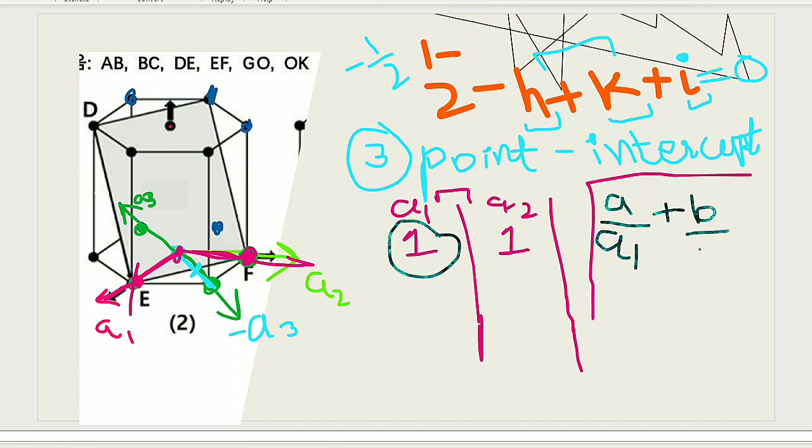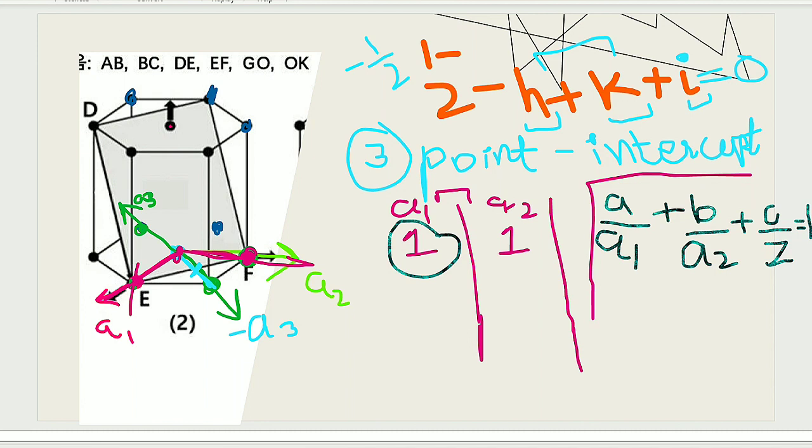Let me first write the formula. b is the point divided by the a2 intercept, so a2 in the denominator, plus c, which is a point on the z axis, divided by the z intercept, so let me write it as z, since these are intercepts, and all of these equal 1. So this is the equation that we'll be using.